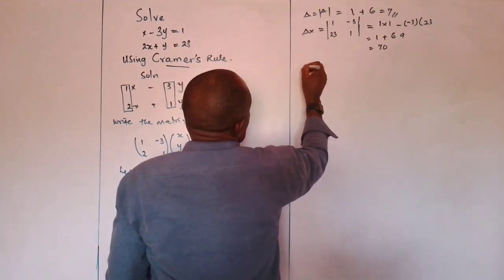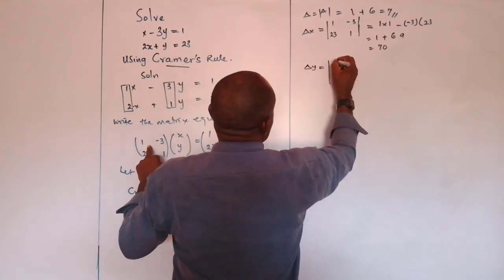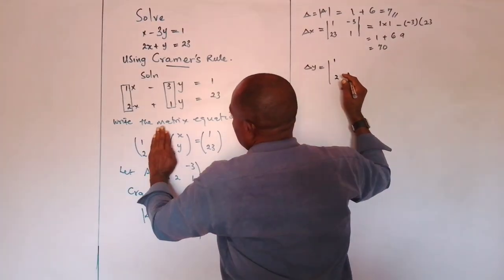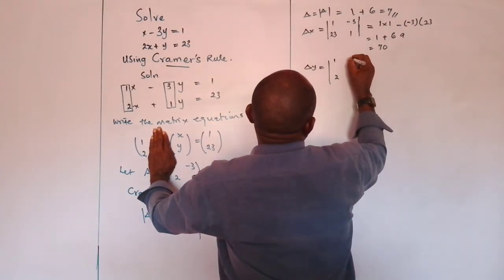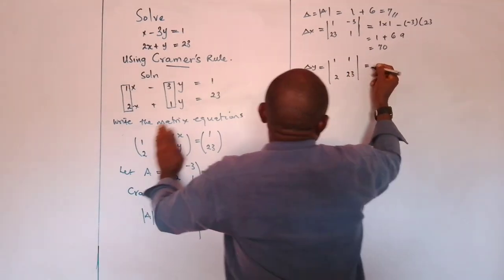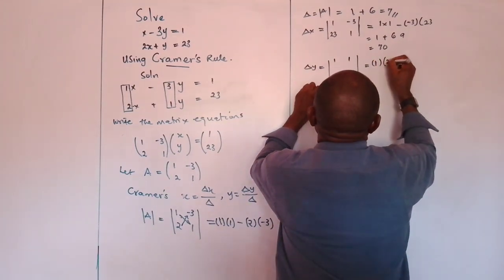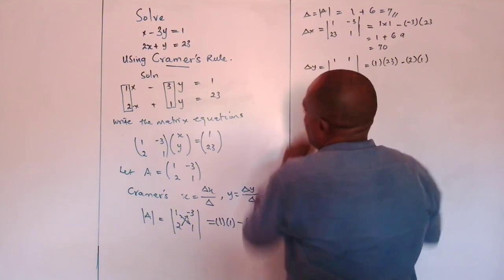So finally, we go to that of y. We bring down the coefficient of x, and then we remove the coefficient of y and bring in the neutral coefficients. That's going to be 1, then 23. You still do the same: 1 multiplied by 23 minus 2 multiplied by 1.